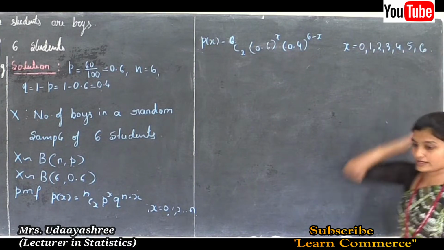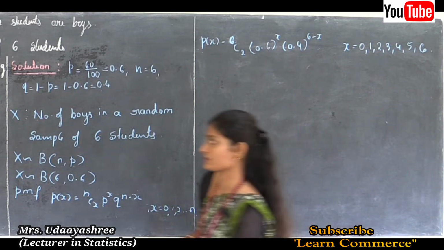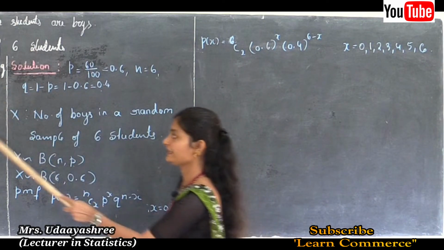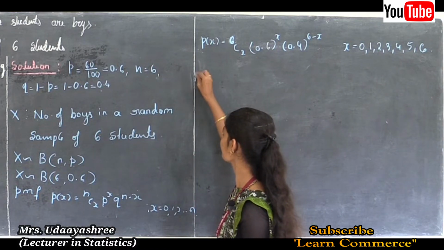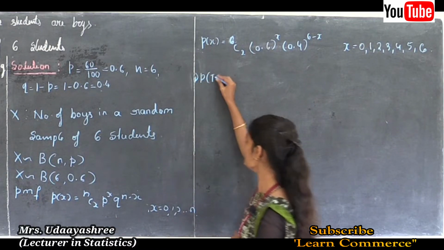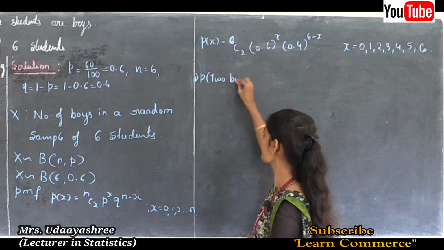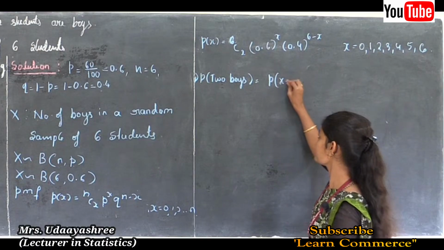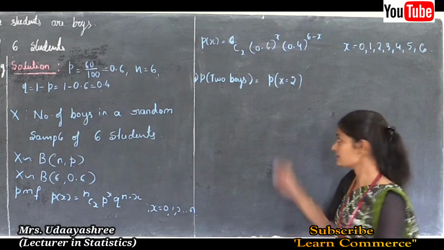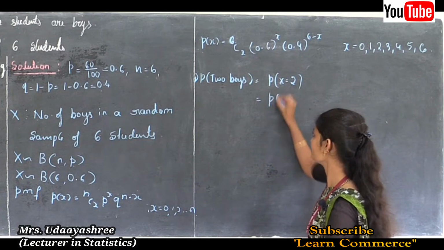Now let us see the first sub question, that is the probability of getting 2 boys. How to write? It is probability of 2 boys, which is equal to p of x equals 2. We can write it as p of 2.